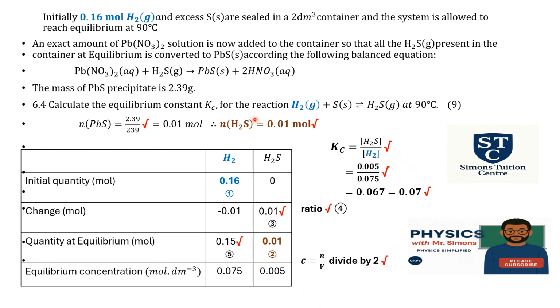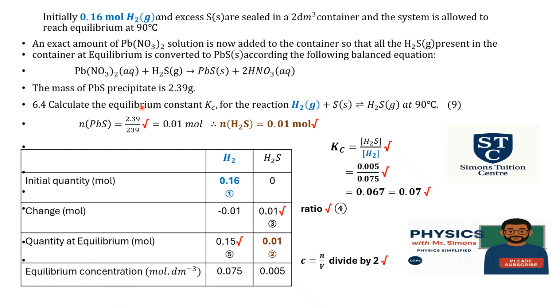Alright, now we have to calculate the equilibrium constant for the reaction. In my table I can only use my gases or aqueous, no solids. So I have H2 there being 0,16 initially. Remember H2S hasn't formed yet, so my initial quantity of H2S is 0. Then I need to find the change, quantity at equilibrium and equilibrium concentration.